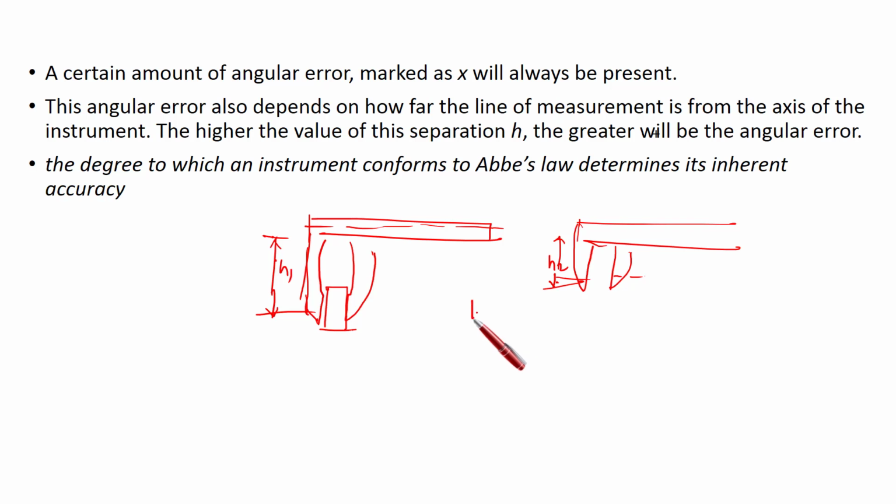The question may be asked: if h1 is greater than h2, which one is more accurate? Obviously the second one. The point is that the angle is constant in both, whatever angle it is, maybe 89 degrees, and this is also 89 degrees. So obviously the shift will be more in this case and less in this case. That's why the second one will be considered more accurate.